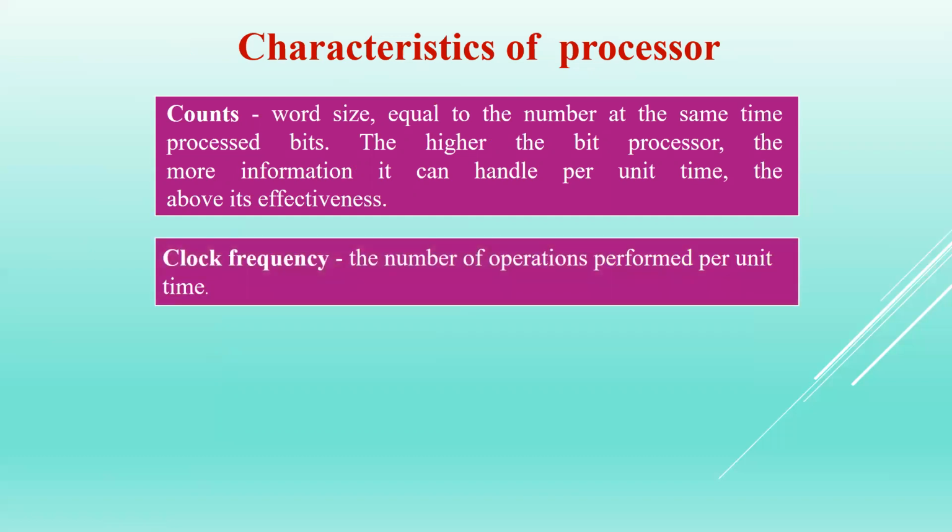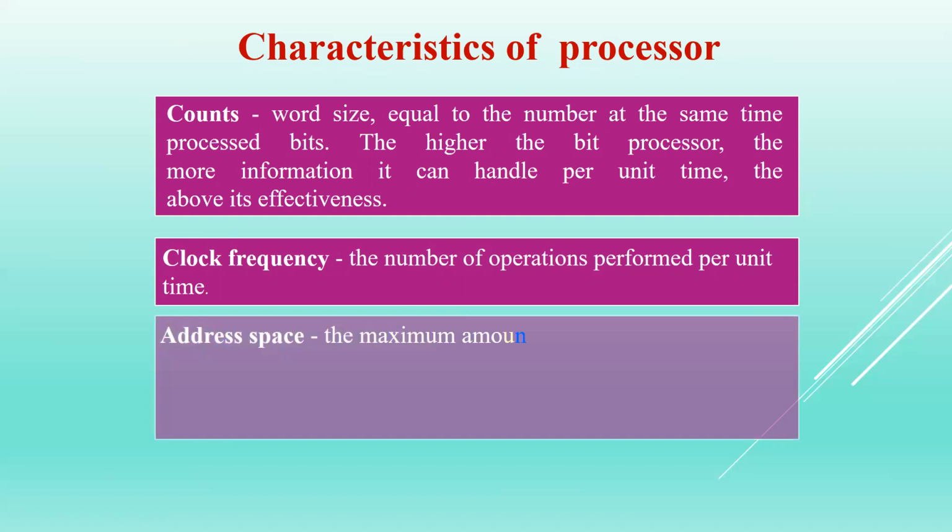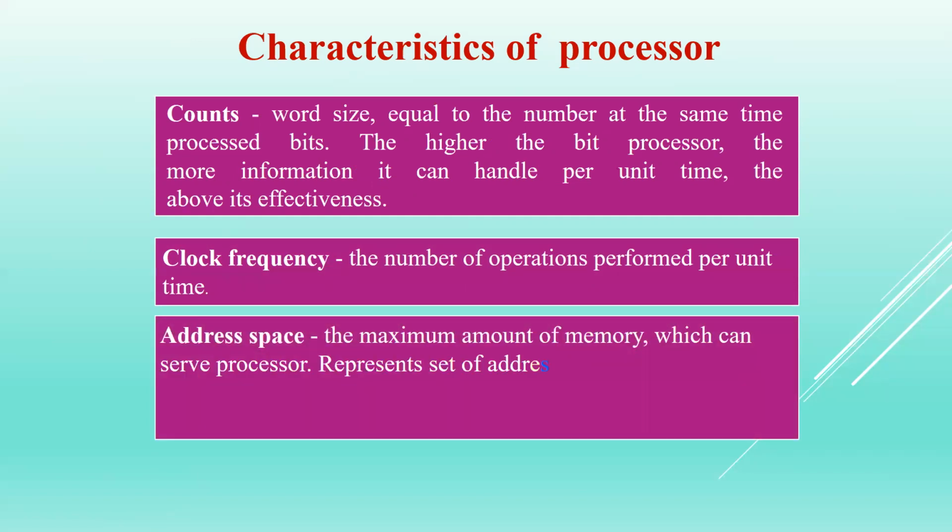Clock frequency is the number of operations performed per unit time. Address space is the maximum amount of memory which the processor can serve. It represents the set of addresses used in this computer system.